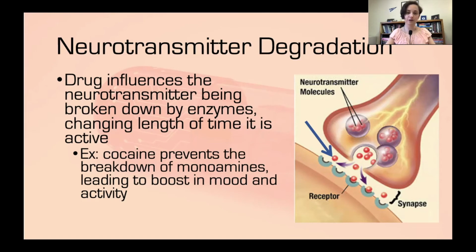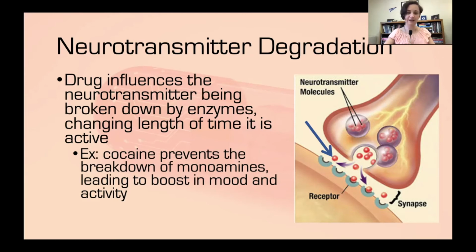If neurotransmitter degradation does not function correctly, then those neurotransmitter molecules are floating around for a longer period of time, and they're more likely to meet the receptors of the postsynaptic cell and more likely to activate those receptors. So the neurotransmitter is more effective when neurotransmitter degradation is being interrupted.